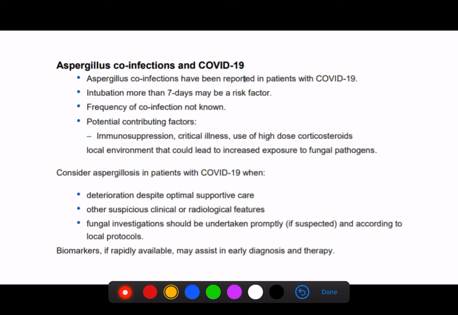I think it's really important in this guidelines that they touch upon Aspergillus, because certainly it's something that I'm worried about and something I've seen in the Chinese literature, definitely. Patients do seem to be getting a lot of Aspergillus co-infections, and they usually happen in those patients over 7 days.